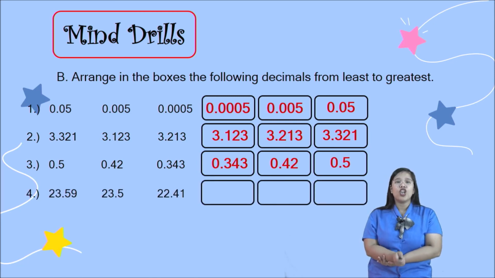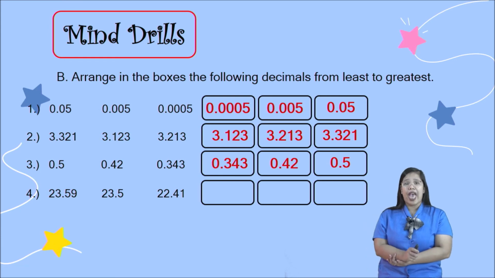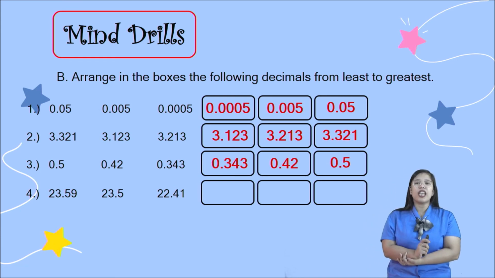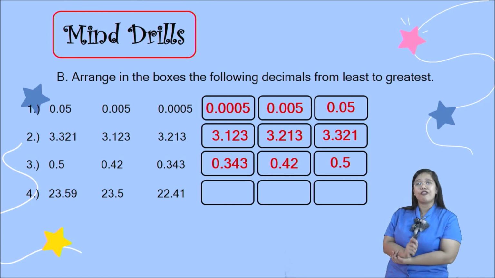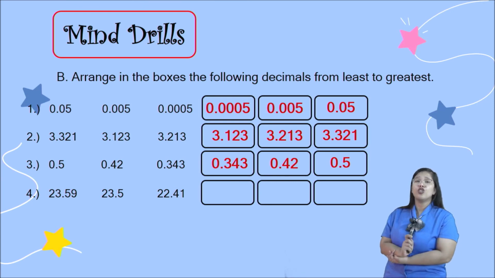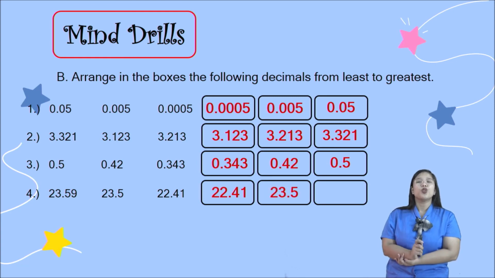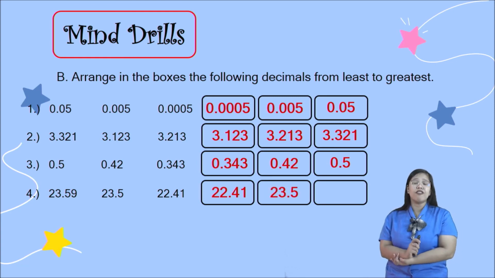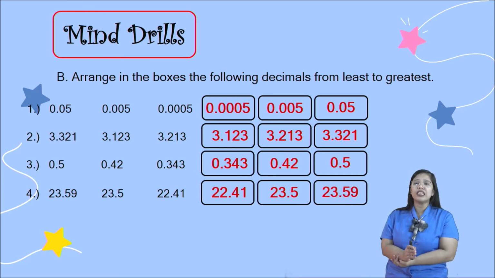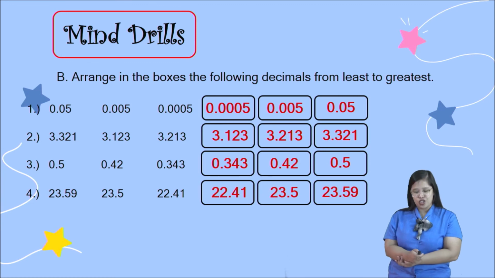Very good. Next one, we have 23 and 59 hundredths, 23 and 5 tenths, 22 and 41 hundredths. The first one should be 22 and 41 hundredths. And then 23 and 5 tenths. And then lastly, we have 23 and 59 hundredths.